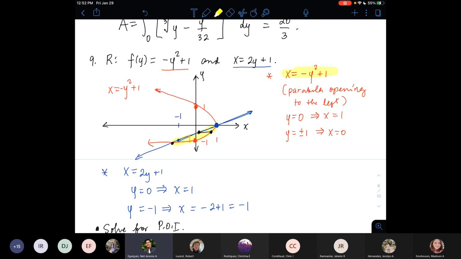And though that is not that difficult in this case, for the parabola I will have y equals plus or minus the root of 1 minus x, and for the line x equals 2y plus 1, we can solve for y in terms of x to get y equals x minus 1 all over 2.